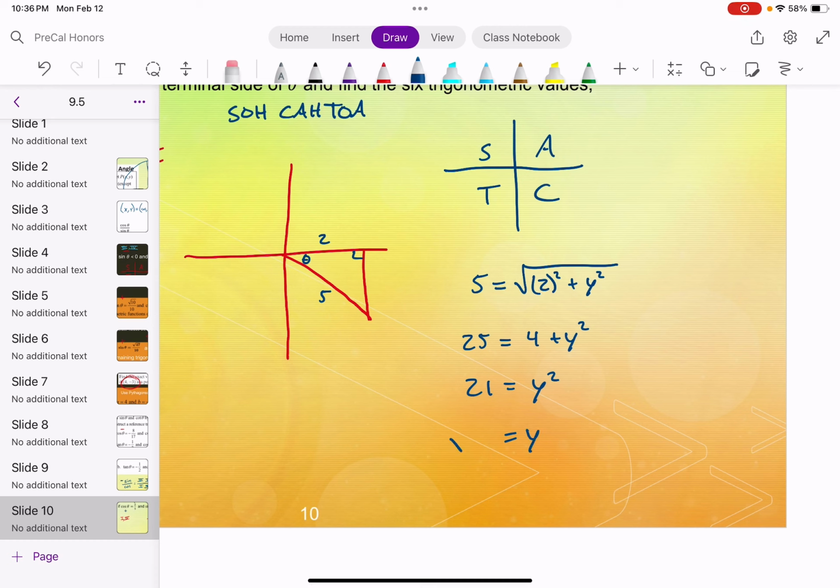And y is equal to the square root of 21. Now keep in mind, this is positive or negative. We know it's going to be negative because we are in the 4th quadrant. So this would be a negative square root of 21.